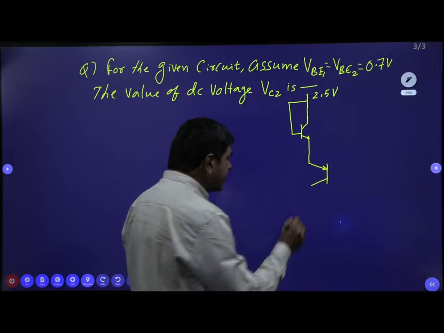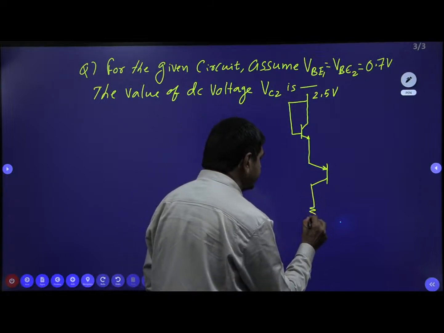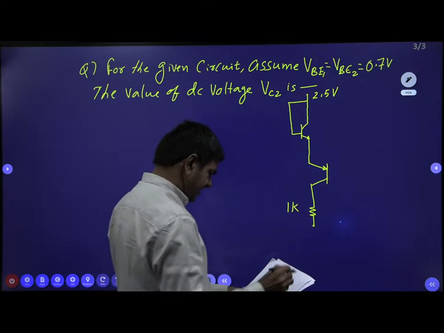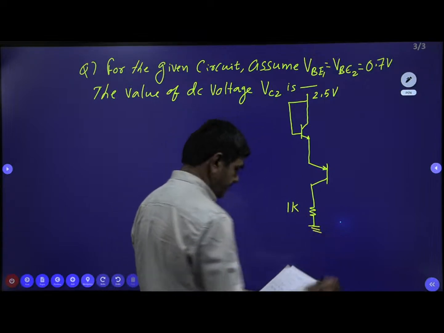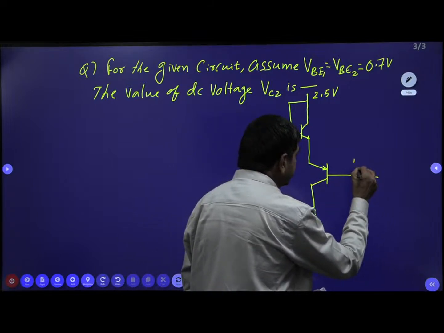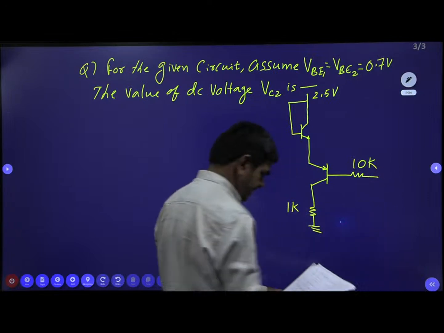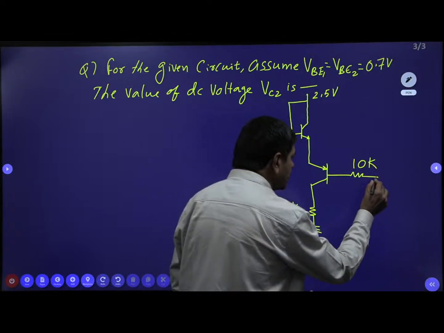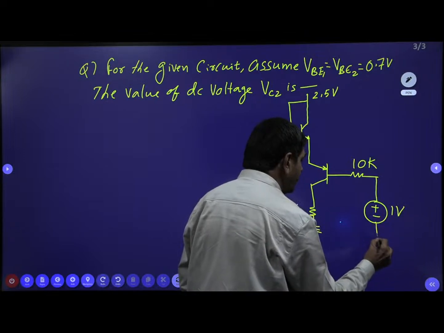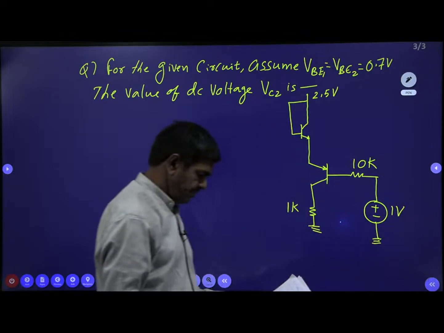The resistance of 1K is connected here. This 1K is connected to the ground, and this side is connected with the 10K resistor with a 1 volt source.